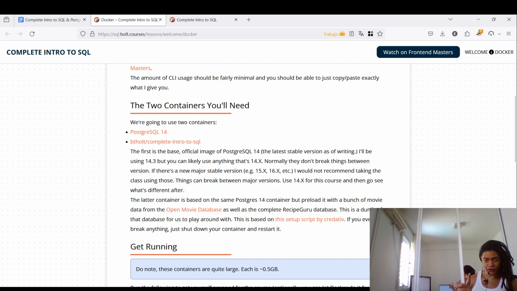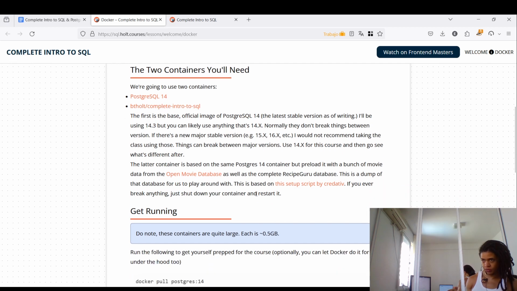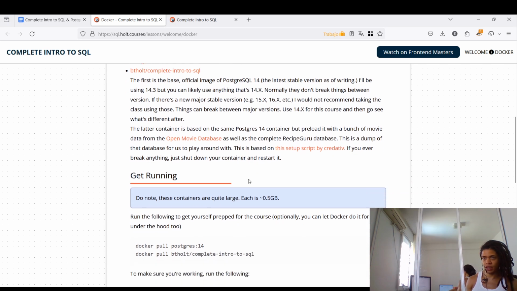This is a dump, and when they say dump, it means a copy of all of this data, the database for us to play around with. This is based on a setup script by Create Dative, shout out to him. If you ever break anything, just shut down the container and restart it.